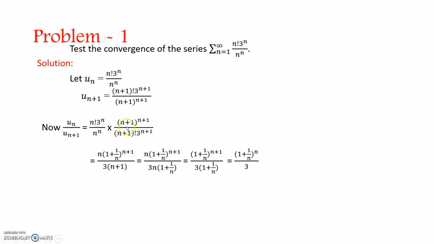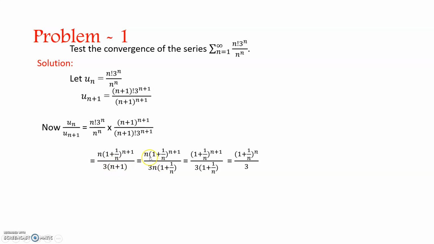So now from the numerator we can take n outside. If you take n outside, we have to write n power n plus 1, that is n power n into n. So we get n power n into n into 1 plus 1 by n. In the denominator also take n outside, so 3n into 1 plus 1 by n.